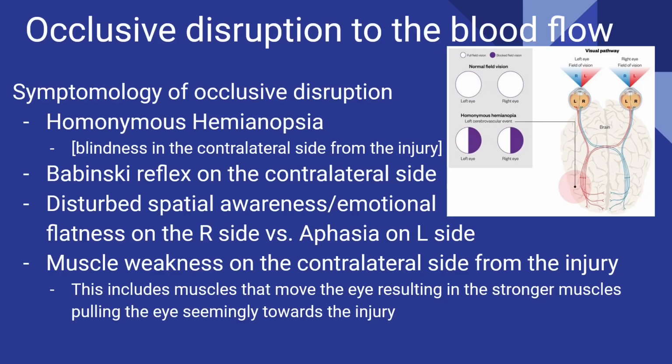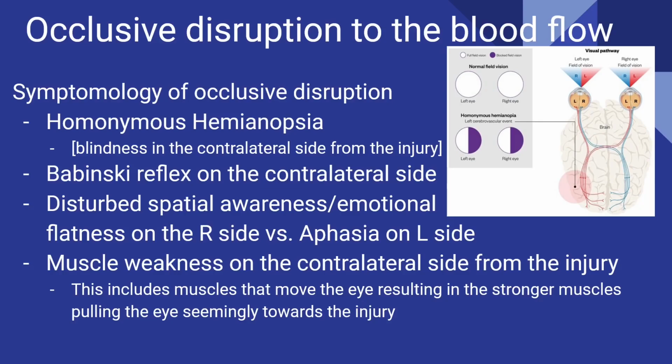Another kind of reflex we look for is a Babinski reflex. And that's on the opposite side because as our nerves go down our head, they cross over each other and they operate the opposite side. So you end up getting a Babinski reflex on the right side if you were to have a left-sided stroke.